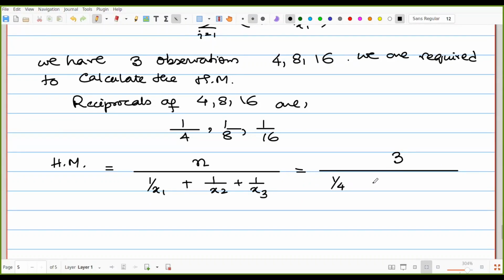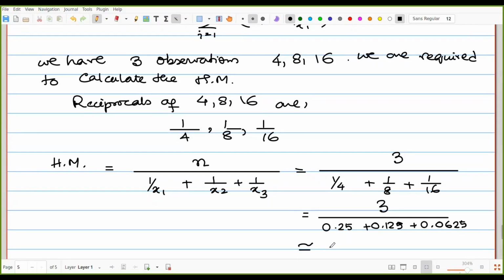So 3 by 1 by 4 plus 1 by 8 plus 1 by 16, or 3 by 0.25 plus 0.125 plus 0.0625, and the final result is about 6.857. So in that way, we can find the HM.